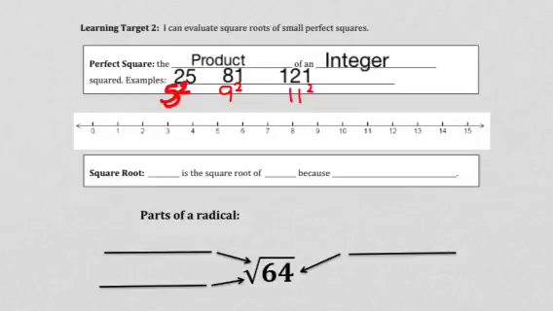Now, let's talk about down here what a square root is. Using the fact that 5 squared is 25, we're going to talk about the square root. You see that 25 is the perfect square.